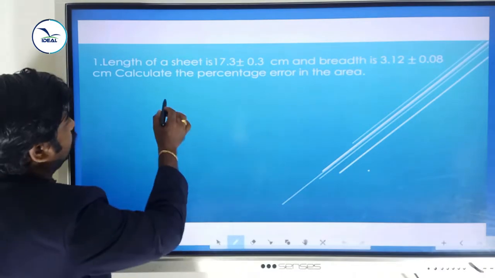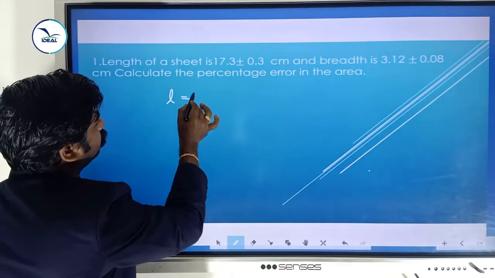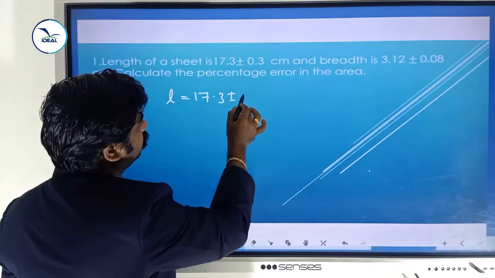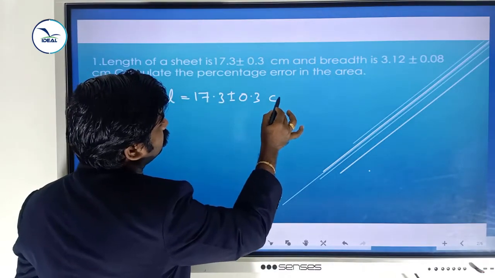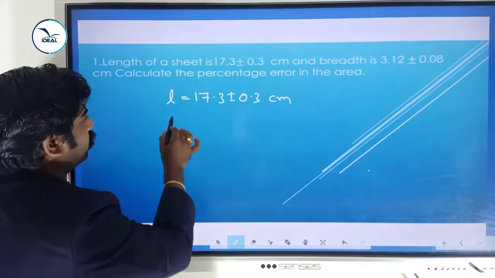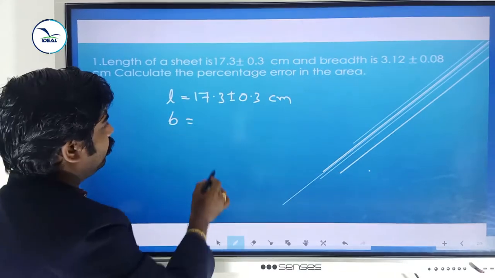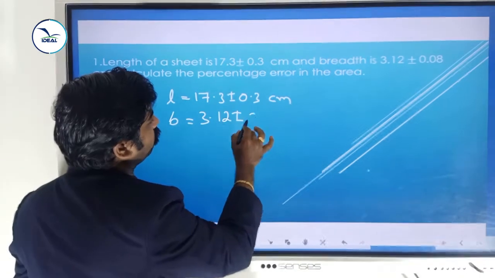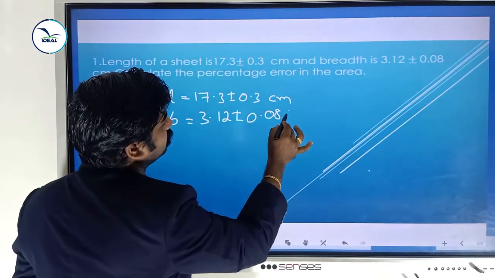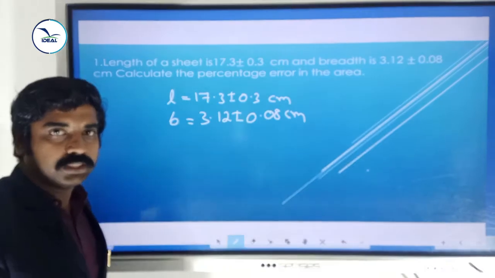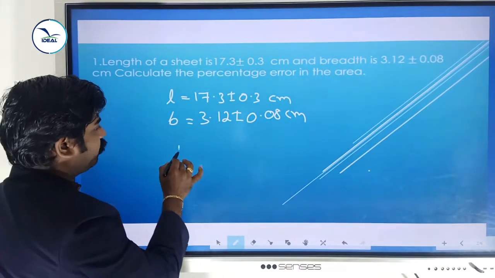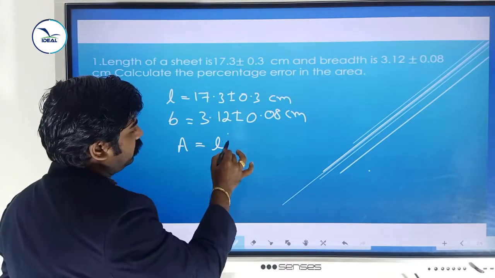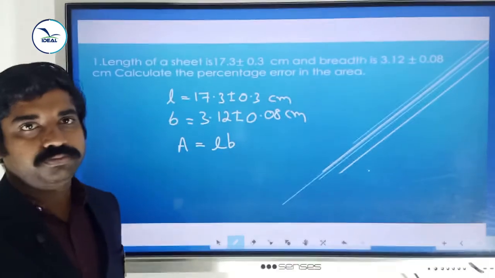We have that length L equals 17.3 plus or minus 0.3 centimeter and breadth B equals 3.12 plus or minus 0.08 centimeter. We know that the equation for the area equals length into breadth.